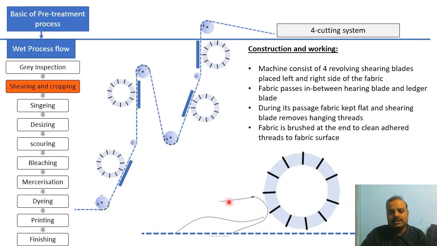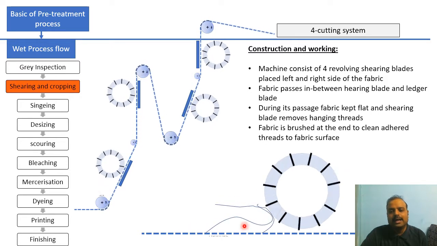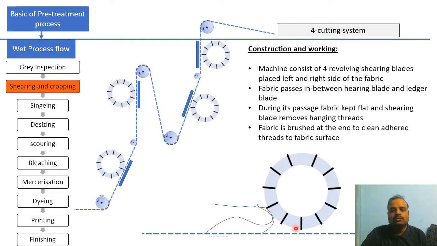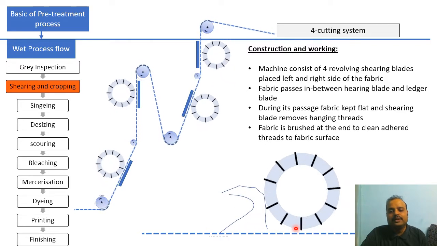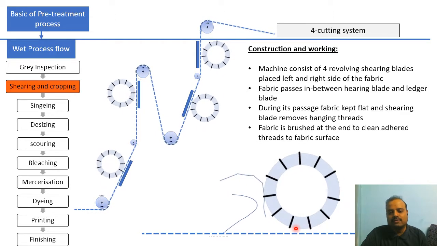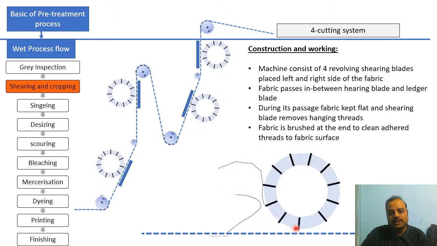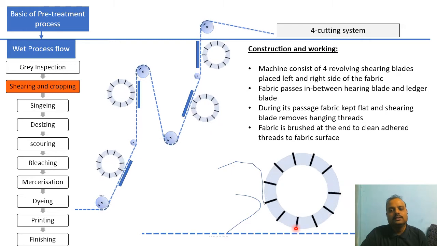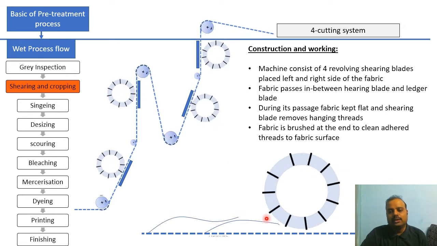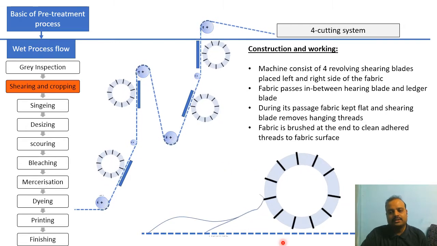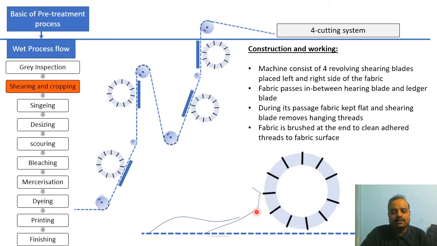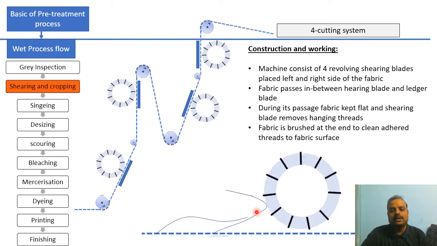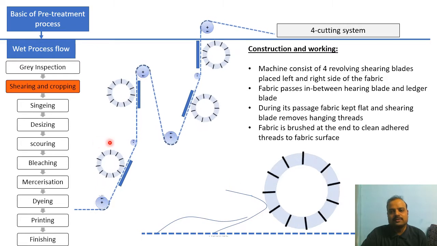It is first lifted up, raised up, and then with 2 to 4 strokes of the shearing blade, it is completely detached from the surface. And this is our main objective, to remove the loosely held fibers. Right, you can see over here, I tried to animate these things, but you can imagine how this cutting takes place.